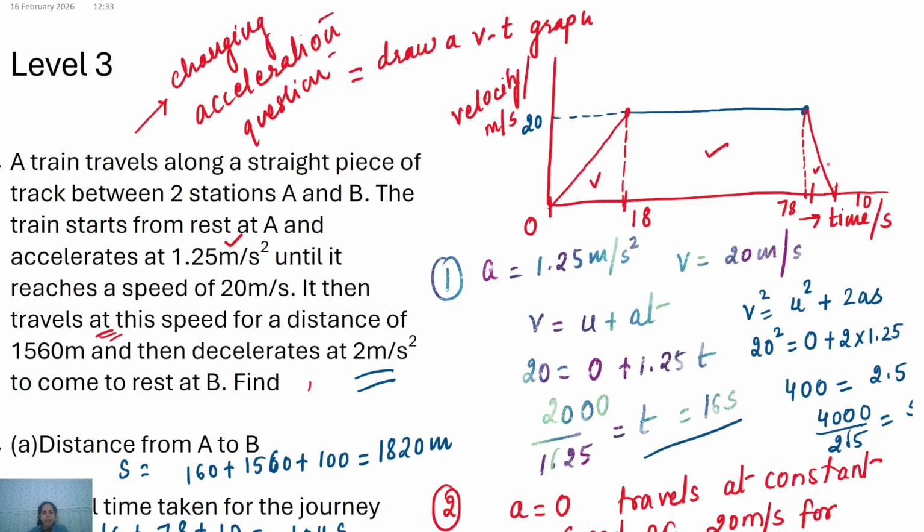See the gradient here and see the gradient here. It has a steep gradient, obviously a larger acceleration or retardation. Because it's a positive gradient, it should be acceleration. Negative gradient, it should be retardation. Constant, 0 gradient, it should be constant speed.